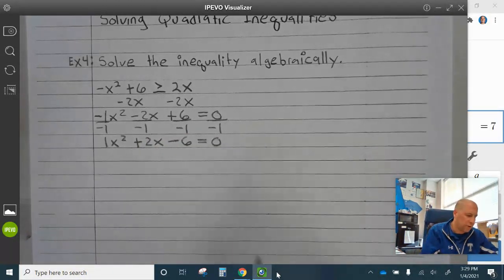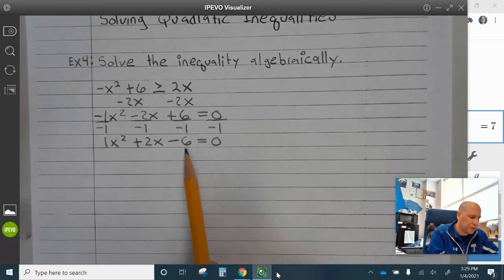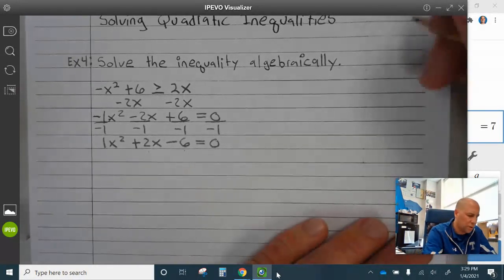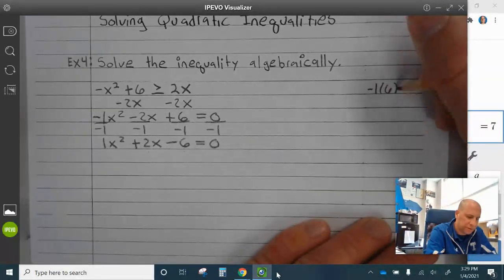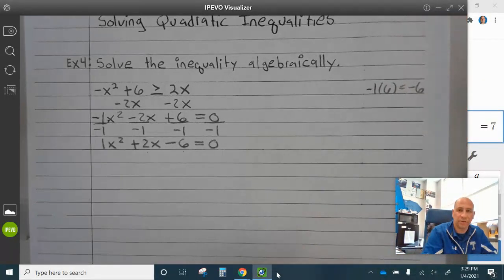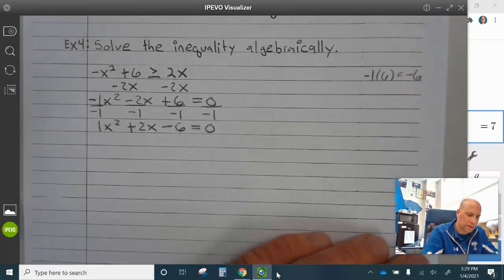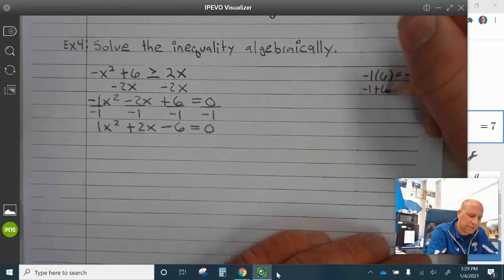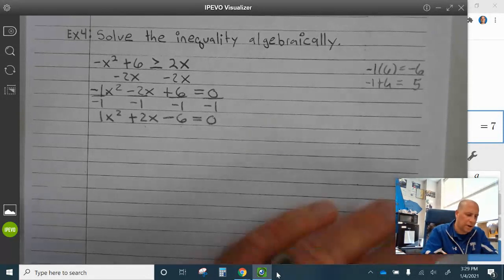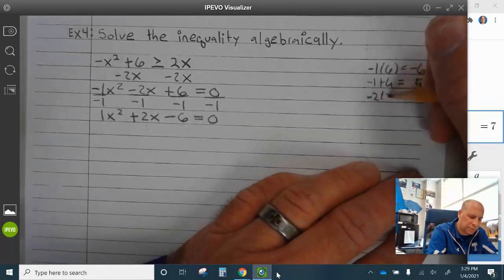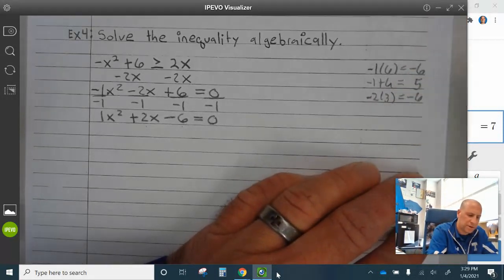Okay, now we need to figure out all the combinations that multiply to give you negative 6 but combine to be 2. Well, we know that negative 1 times 6 is negative 6, and then negative 1 plus 6 is 5. That doesn't work. Now let's try negative 2 times 3 is negative 6.